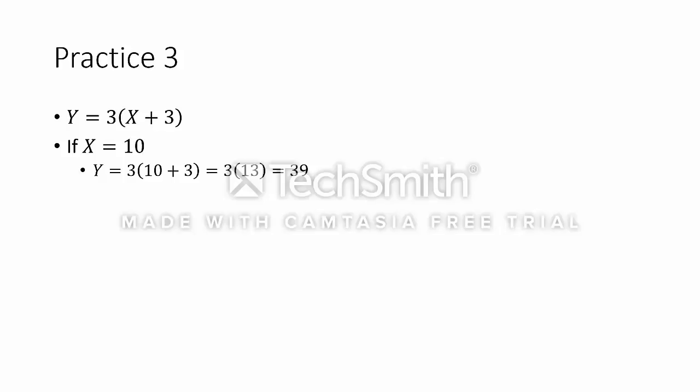We then multiply 13 by 3 to give us 39. Of course, you can always transform the transformation itself with a little algebra, turning it into the more familiar form by distributing the coefficient to both terms, giving us y equals 3x plus 9. Plugging x into this equation gives us 3 times 10 plus 9, which gives us 30 plus 9, or 39.